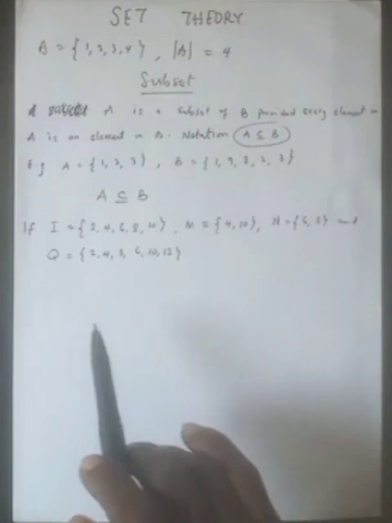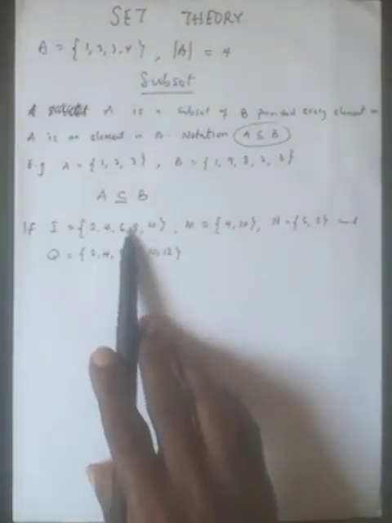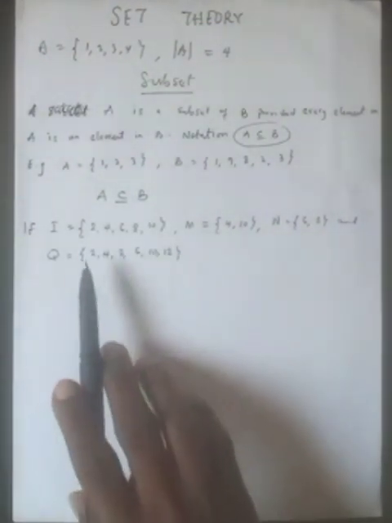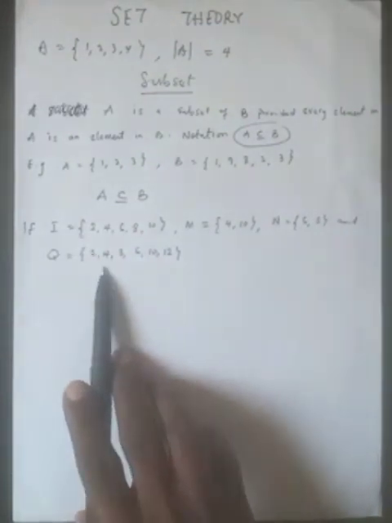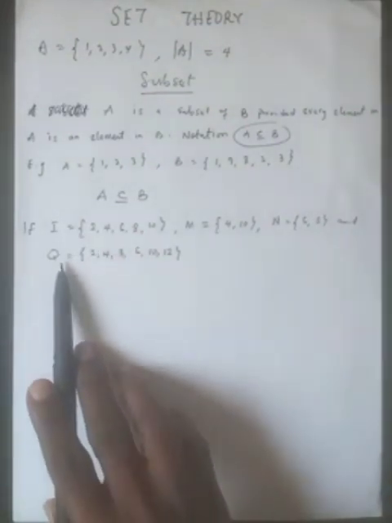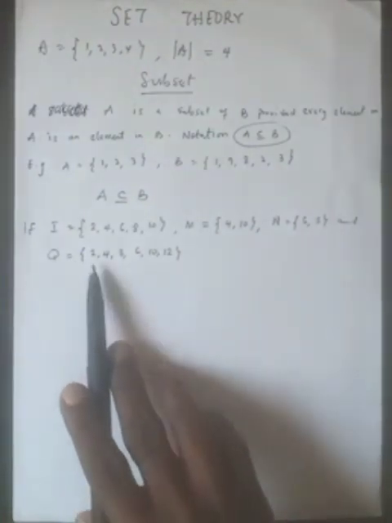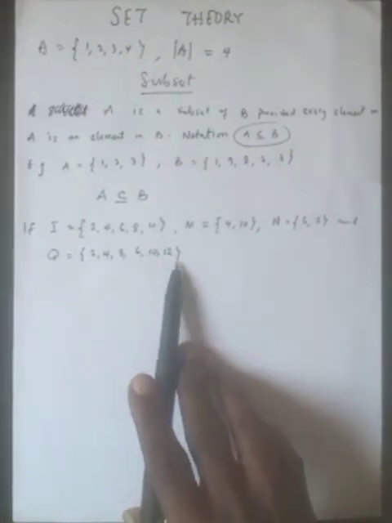Let me start from my set I. Now my set I comprises 2, 4, 6, 8, and 10. Since we are comparing I to Q, we also want to check the elements of set Q. The elements of set Q are 2, 4, 8, 6, 10, and 12.